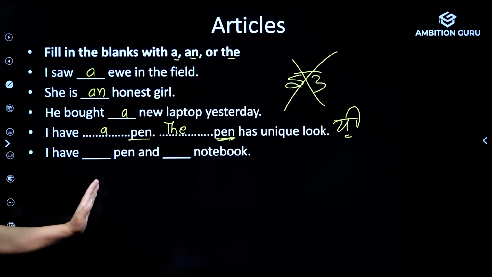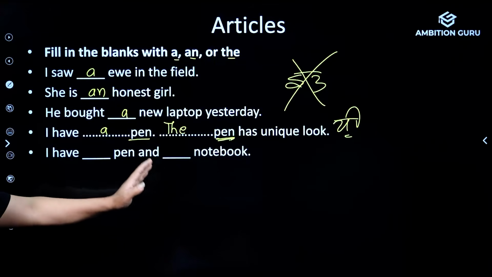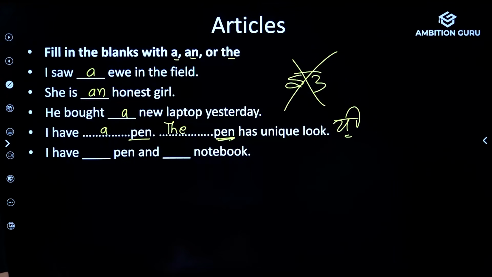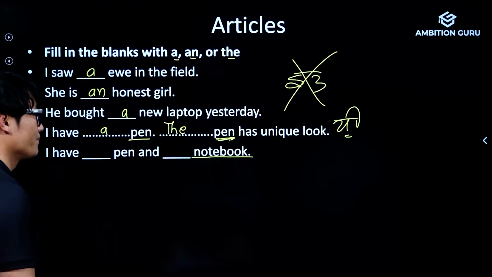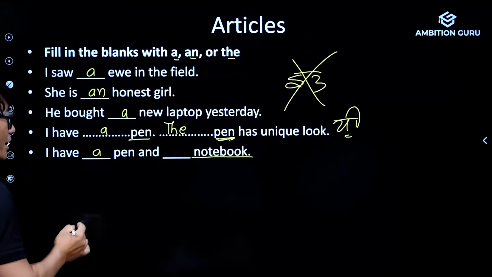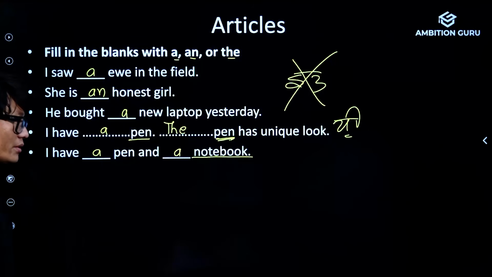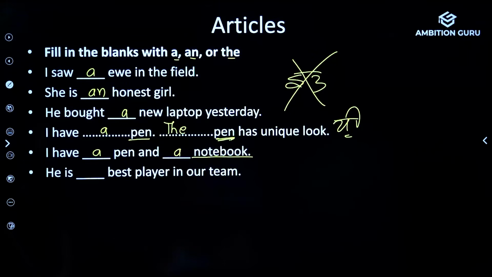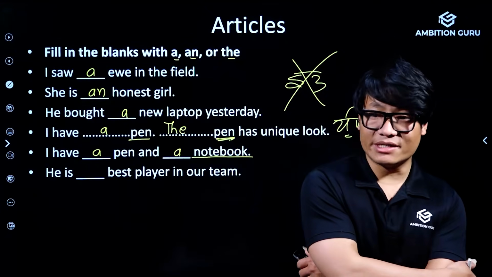Now check this. I have pen and notebook. So what should be here? Okay, no. Notebook is not a repeated noun here. So I have a pen and a notebook. Okay, next question. He is best player in our team.